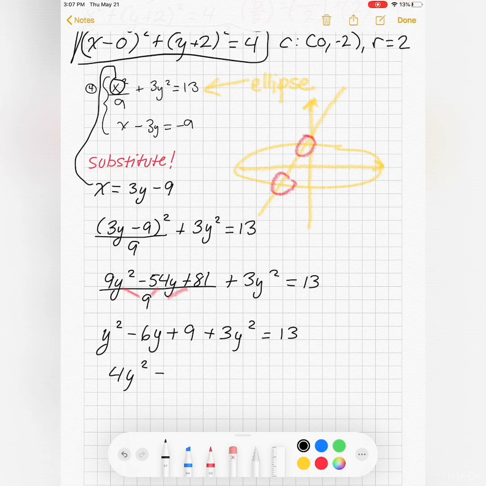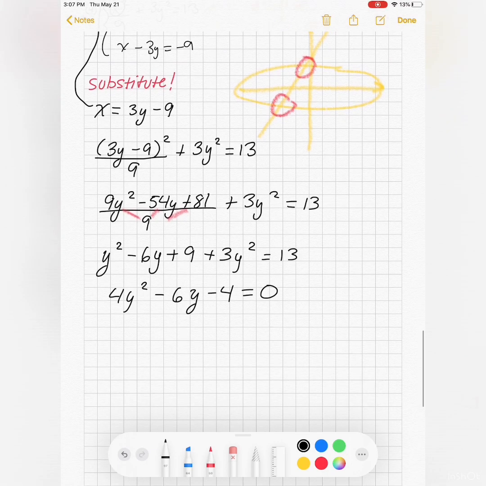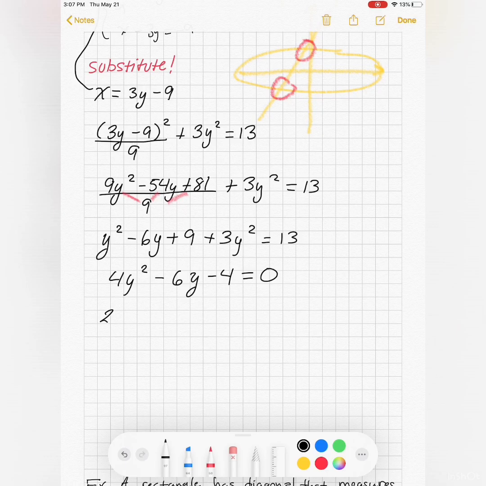So 4y squared minus 6y, let's see, minus 4. Divide by 2. Factor. Let's see, is it minus 2 and plus 1? 2y squared minus 4 plus 1 minus, looks like it.